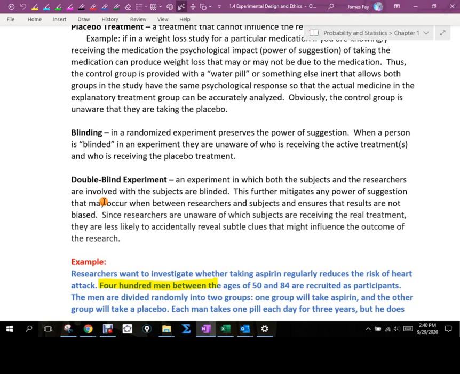So we blind things, and a lot of times it's a single blinded test, which is the bare minimum of what we want to do in medical research, the fact that you as the patient don't know what you're getting, okay? That way it eliminates the psychological power of suggestion, okay?